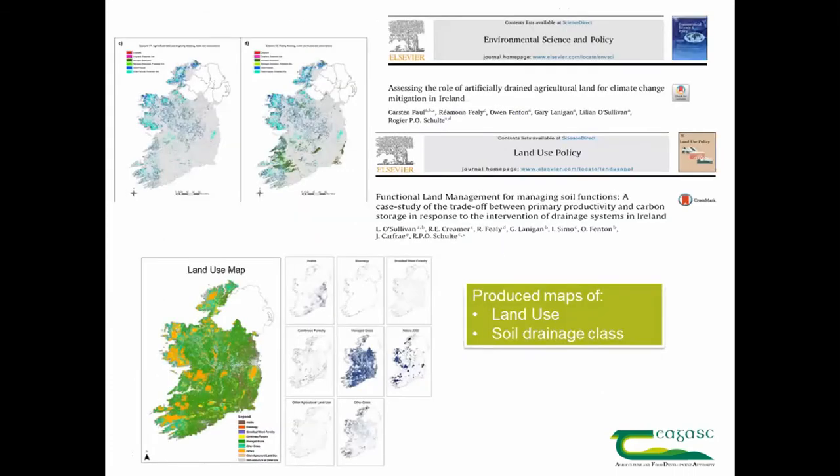So with that in mind, there have been a number of studies looking at mapping of the soils that are out there, the organics, the carbon-rich soils as they're often termed, the histic and the humic soils, crossing that with land use and soil drainage class, and looking at the different mitigation potential: if those soils were to be reverted to wetter conditions, what the conditions would look like and what the mitigation might be.